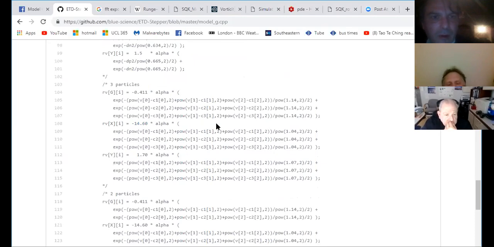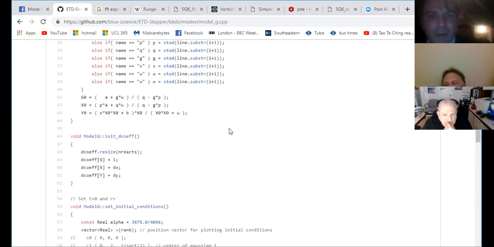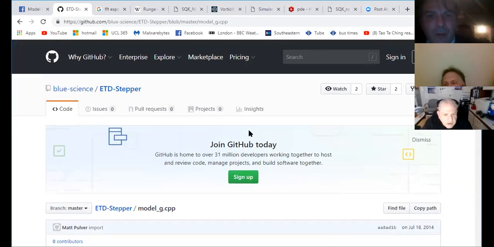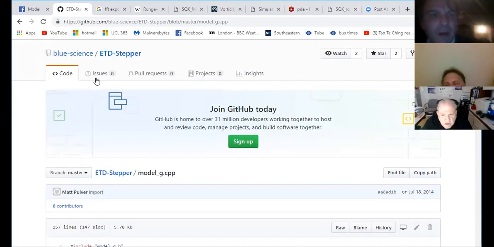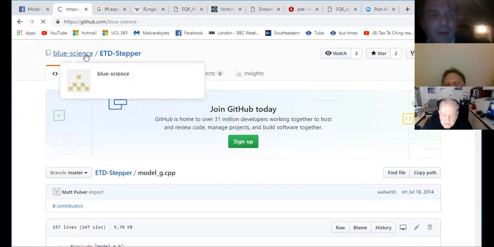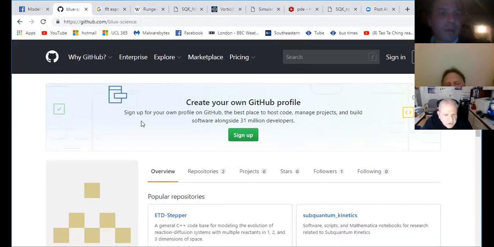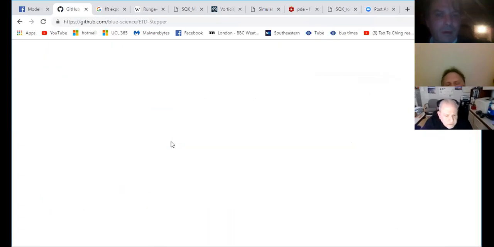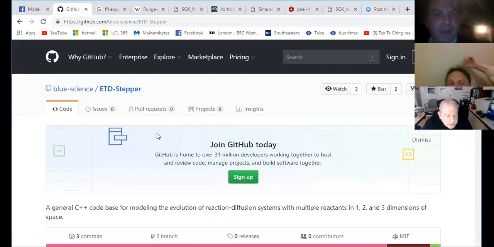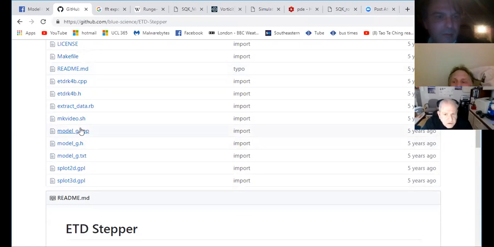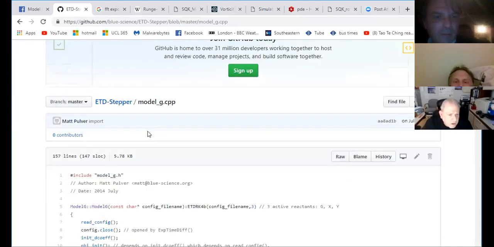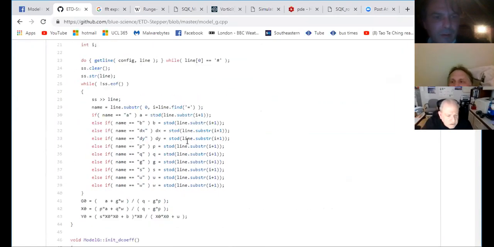Dimensions might be a parameter put in, but I'm not sure. Yeah, okay. So I was wrong. Those are particles, not dimensions.